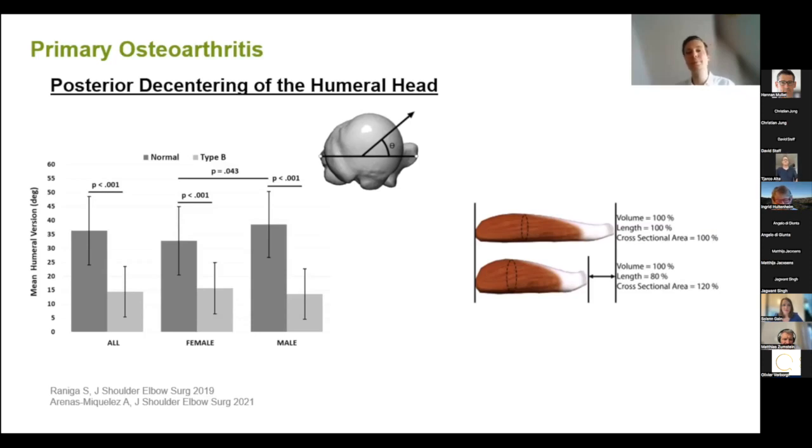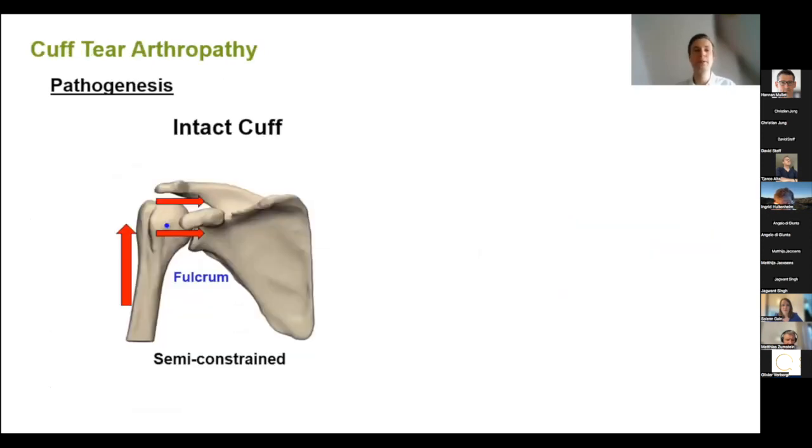So while the volume remained constant, the cross-sectional area in the two-dimensional analysis of the muscle belly increases, potentially depicting more fatty streaks in the cross-sectional area. Or the slacking of the cuff may lead to a disturbance in the length-tension relationship of the posterior rotator cuff, thereby causing more fatty infiltration.